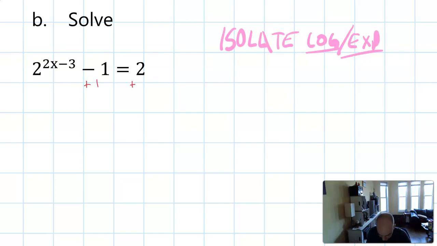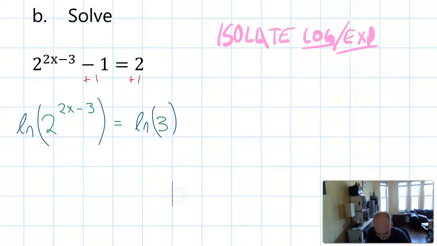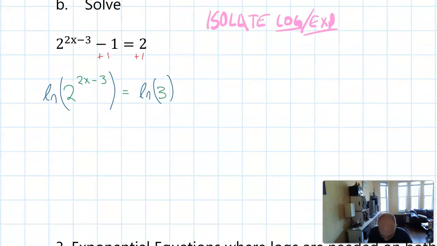And the good news is there's just a constant on the other side. So let's add 1 to both sides and rewrite. So we have 2 to the 2x minus 3 equals 3. Now, we could again try to match the base here, but we have a base of 2 on one side and a 3 on the other side. No way to get these bases to match. So let's just take that natural log of both sides. Natural log here, natural log here. Bring the exponent out.